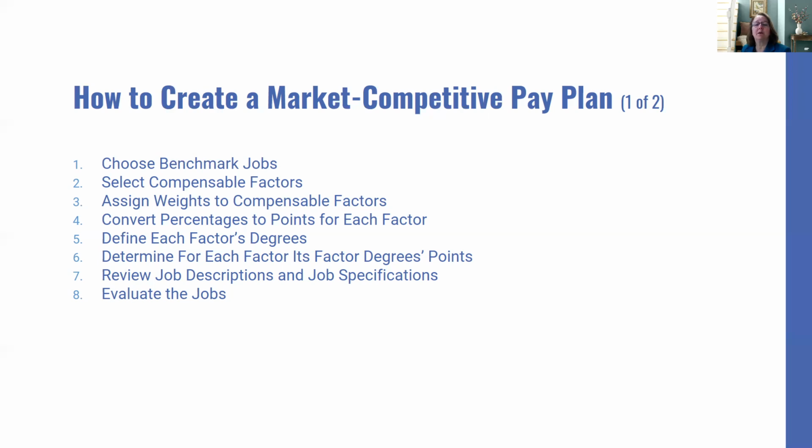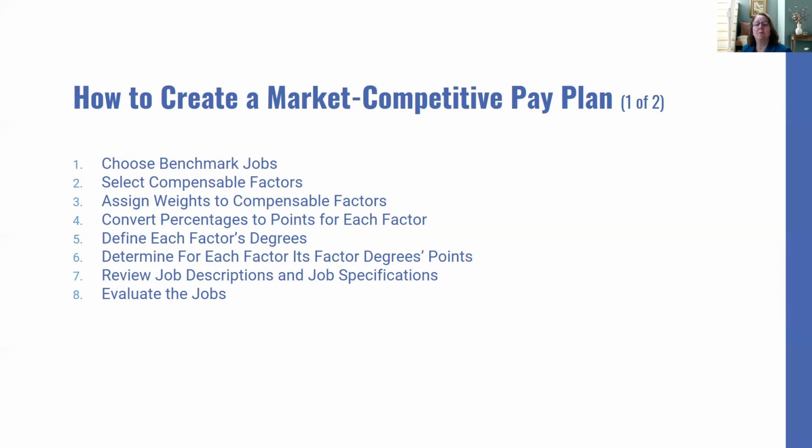Particularly when an employer has dozens or hundreds of different jobs, it's impractical and unnecessary to evaluate each of them separately. So the first step in the point method is to select benchmark jobs. And then number 2, select compensable factors.